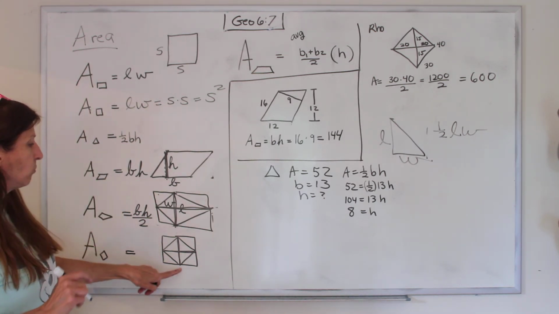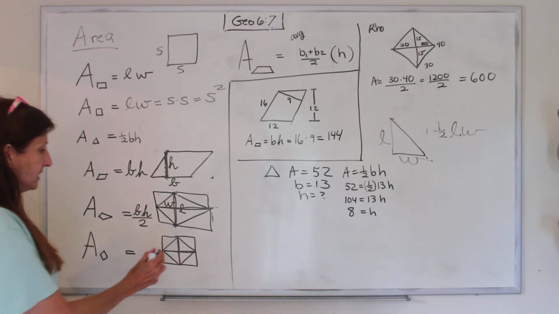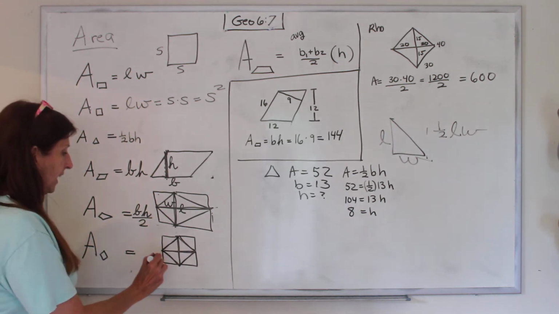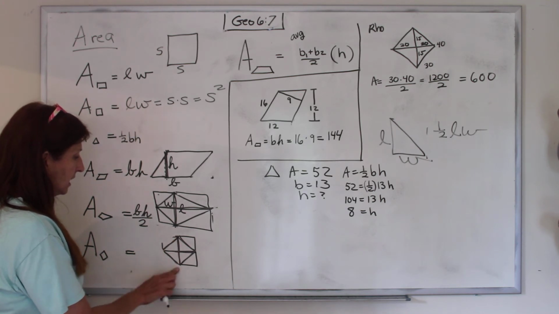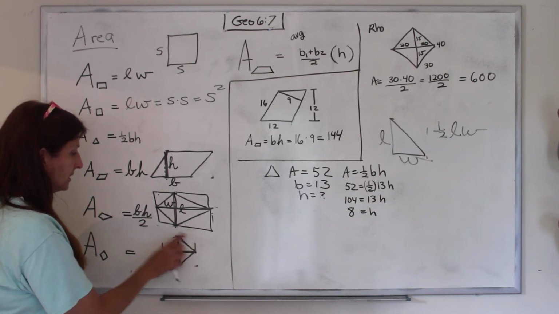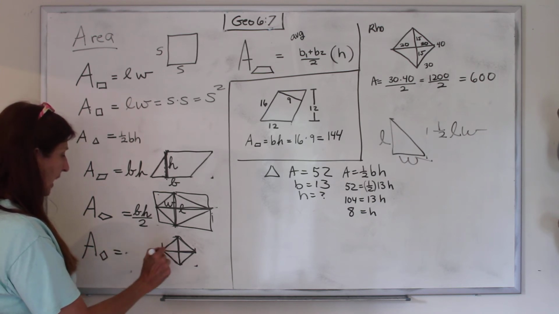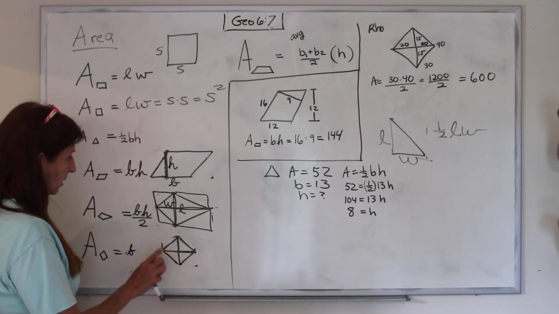Okay? A rhombus is actually like a kite. See, I put my rhombus on a piece of paper. Each paper could fold down to my rhombus. So we see that for the rhombus, we won't call it base and height.